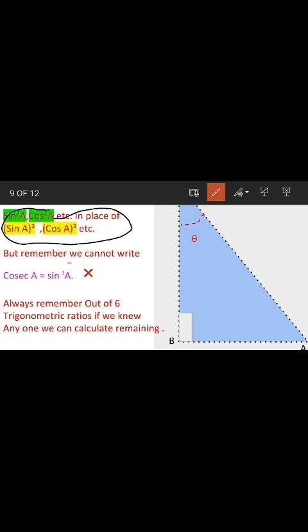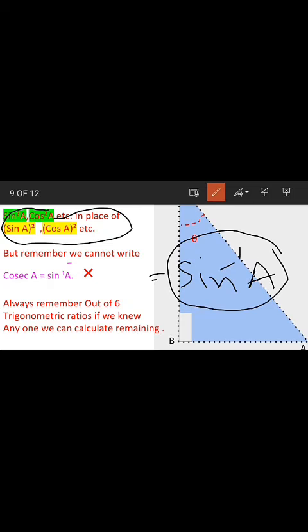Now class, remember, you cannot write cosecant A equals sine inverse A. Sine inverse A you cannot write, because cosecant is the reciprocal of sine, not the inverse of sine. Sine inverse A is a totally different function in trigonometry, and you will learn it in higher classes.